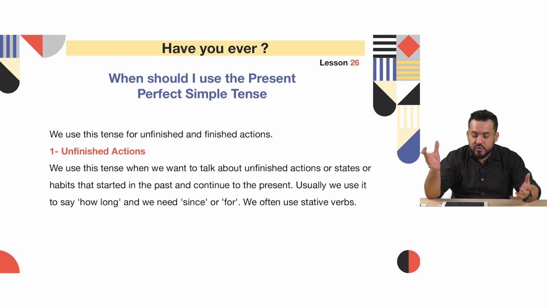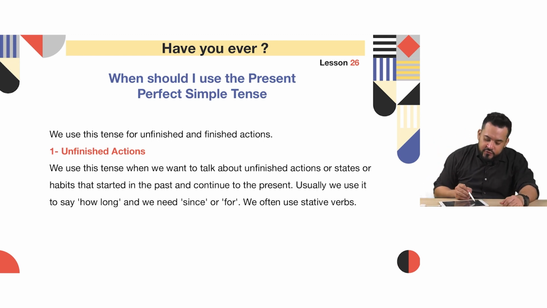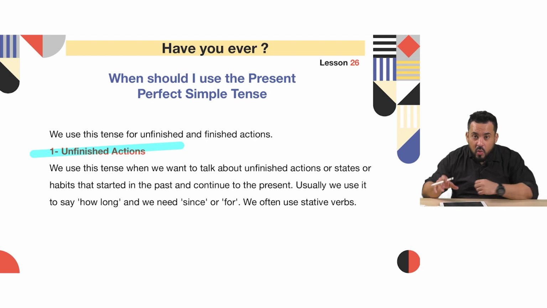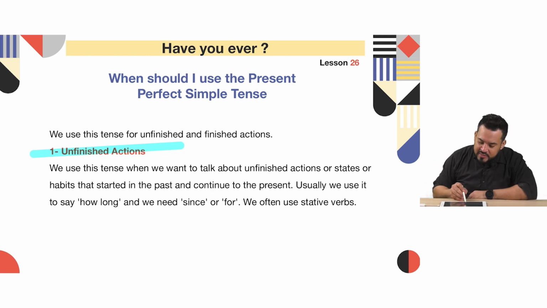The first reason we use the present perfect simple is for unfinished actions. Okay, that's number one. Unfinished actions means something that started in the past, but it's still happening now. We use this tense if we want to talk about an unfinished action that has started in the past.